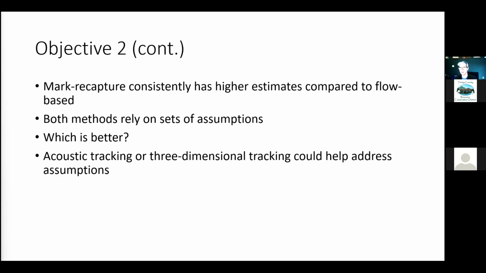And we know that's probably not the case. The way the flow-based one works is we know how much volume of water goes through the screw trap over a set time, and we extrapolate that out to the entire river. So that's a pretty big assumption.